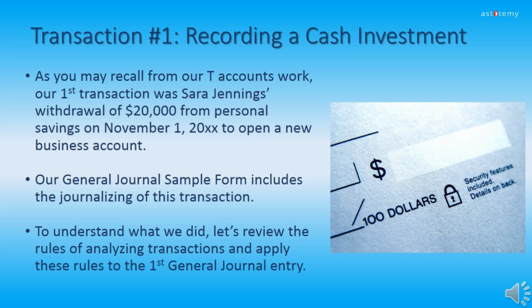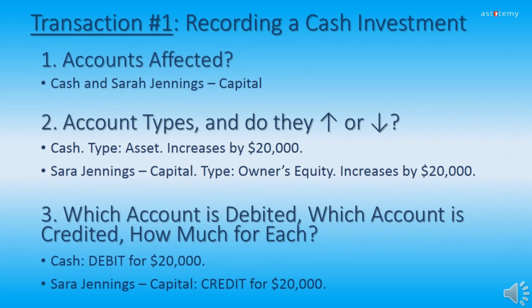To understand what we did, let's review the rules of analyzing transactions and apply these rules to the first sample general journal entry. Please also refer to your T account notes if you need to. Now we go into transaction 1, recording a cash investment and discussing the first 3 steps to record this transaction.